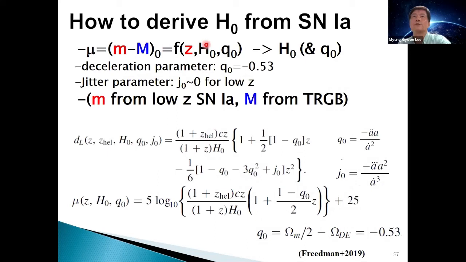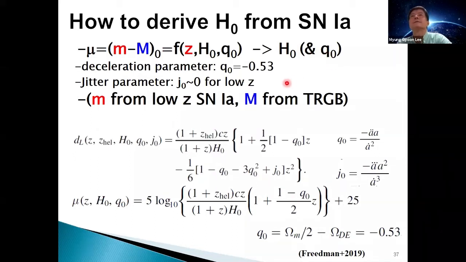So if you look at the relation between m minus M, the distance modulus, as a function of redshift, then you can estimate the value of the parameter H0. If you go to a very large range of z, then you can also estimate the value of q0.